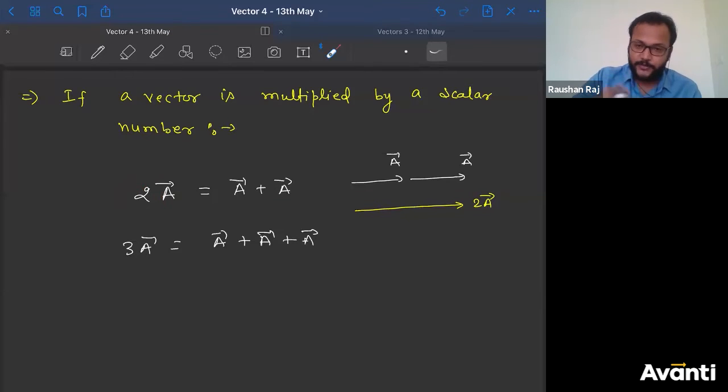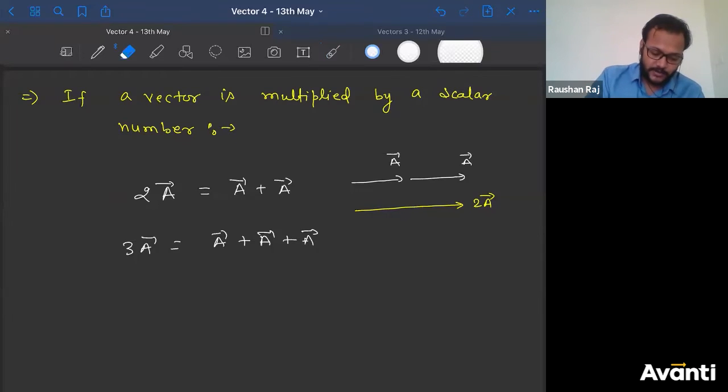So magnitude will become k times the magnitude of vector a. If I multiply k into a, the magnitude of ka will become k times the magnitude of a. But the direction will remain same. So if you're multiplying a number to a vector, its magnitude will become k times the magnitude of that vector, but the direction will remain the same.